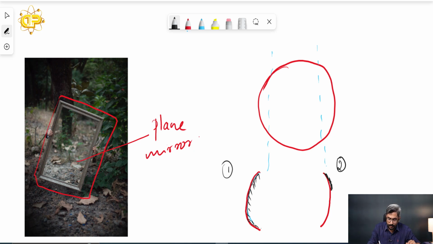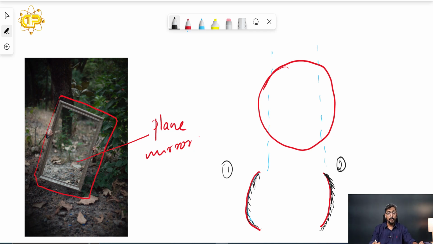In the second portion also, you plate the silver coating here and then coat it with paint. Then you get another mirror.